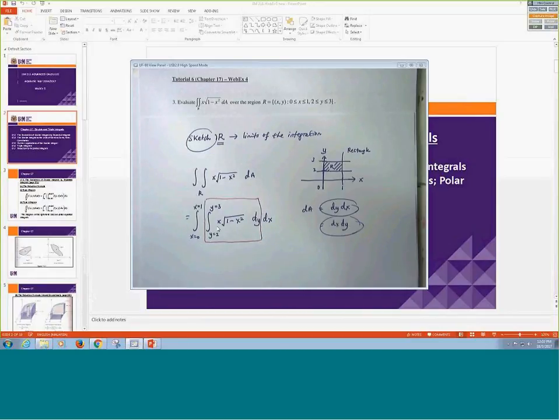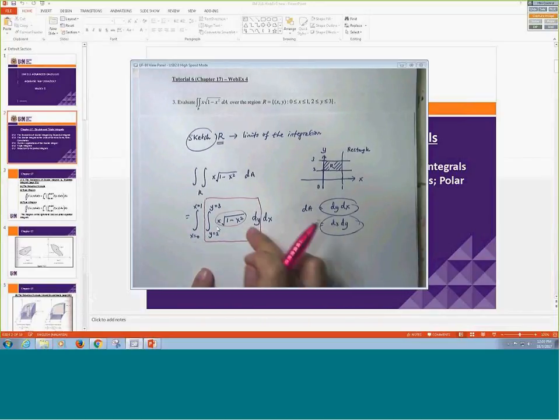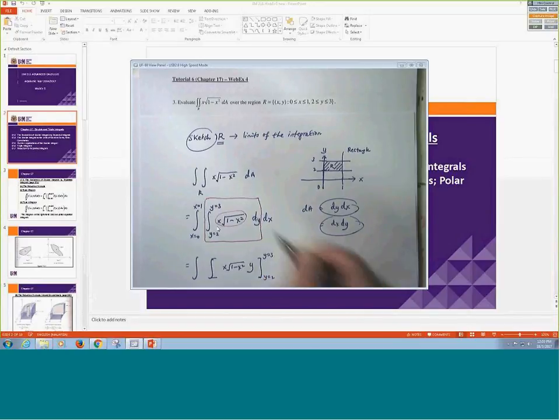When you solve this, look at it carefully. When we integrate with respect to y, we assume x is constant, so the whole thing here is like a constant. Integrating the constant with respect to y gives the constant times y. Substitute y from 2 to 3, and for dx you need to copy it and keep it.